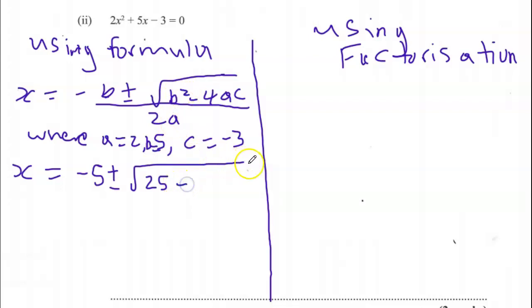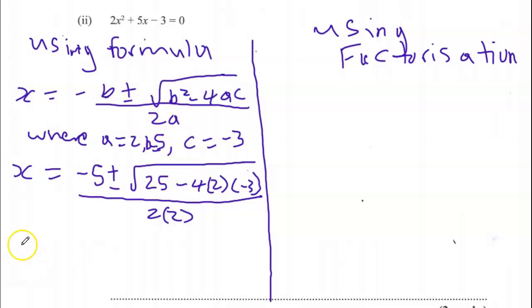Now negative 4ac is negative 4 times a, which is 2, times c, which is minus 3, all over 2a. The value of a is 2, so 2a is 2 times 2. So x is minus 5 plus or minus the square root of 25 minus 4 times 2 times minus 3.